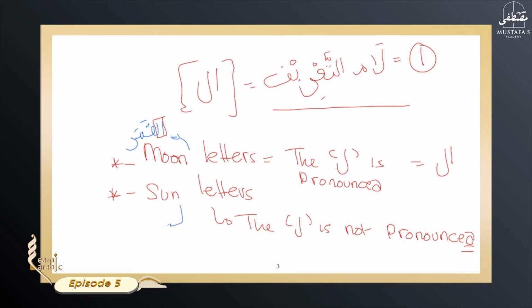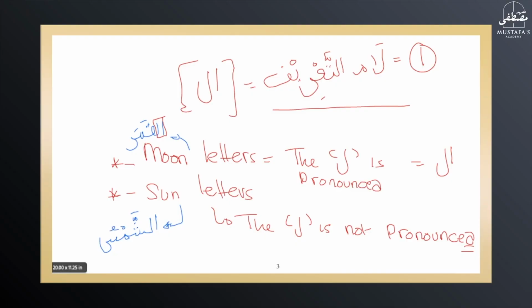And then you have the sun letters where the alif and lam is not pronounced. You can have ash-shamsu, for example. The alif and lam is at the beginning as well. Notice that? What was the difference between al-qamaru and ash-shamsu?